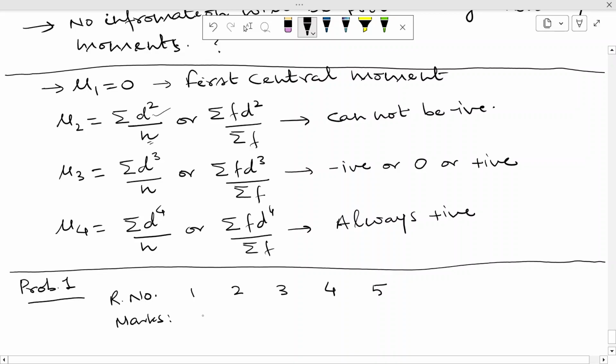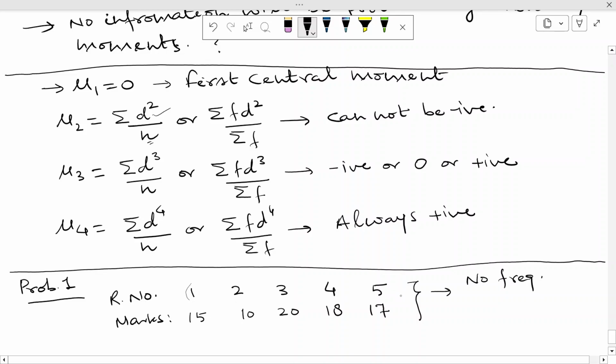These are the roll numbers, and marks are given as 15, 10, 20, 18, 17. So you can see that in this data no frequency is involved. Okay, no frequency. Don't get confused with this.